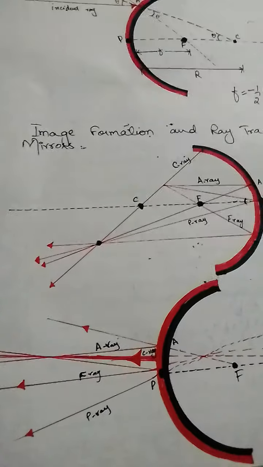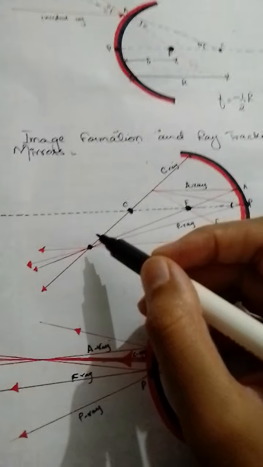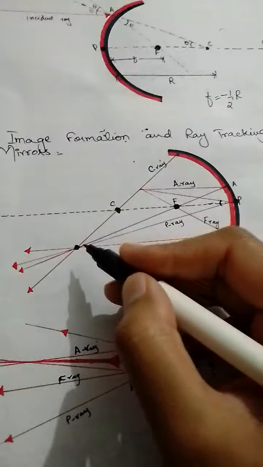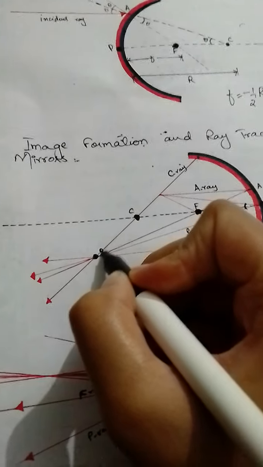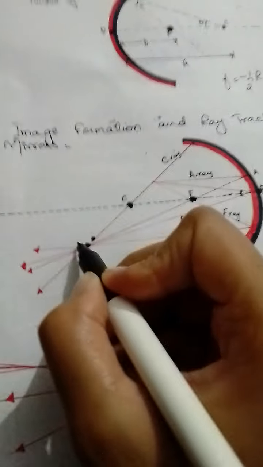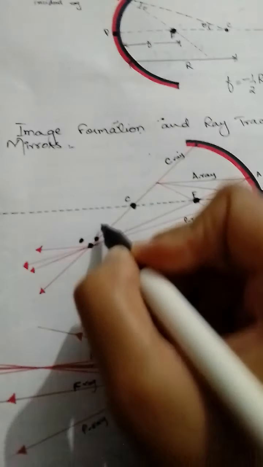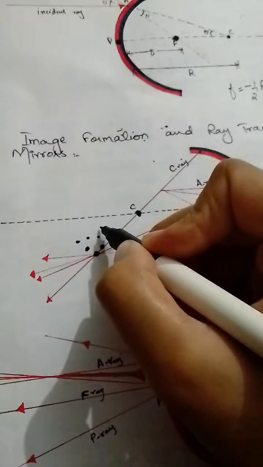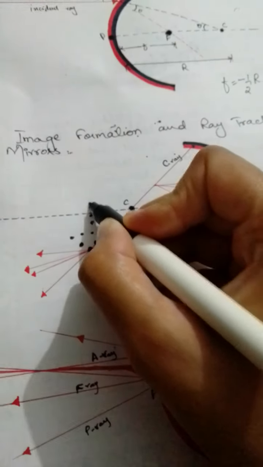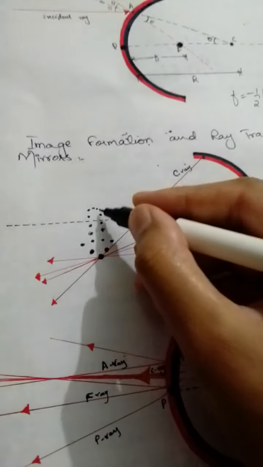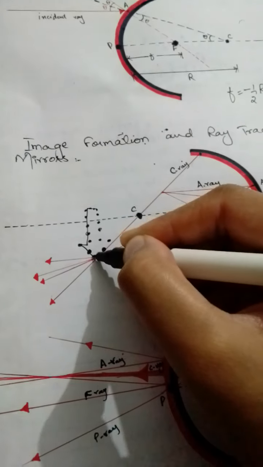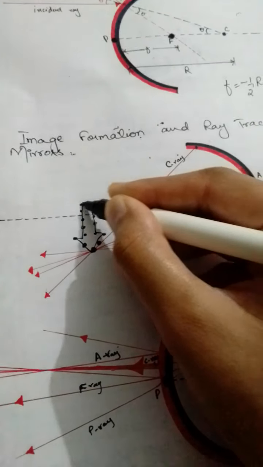So now if we want to see the whole arrow, how would we see it? There is the four ray combination for this point. There would be another four ray combination for this point, another for this, and for this, and for all of these, and eventually they will make an image.